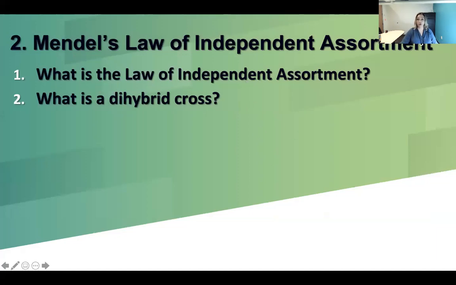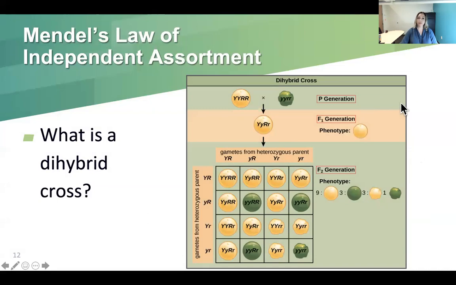So now we are going to look at Mendel's law of independent assortment and dihybrid crosses. The cross that we just did is called monohybrid, mono meaning one. We were looking at one gene. Dihybrid cross, di means two, we are looking at two genes. So what is a dihybrid cross?